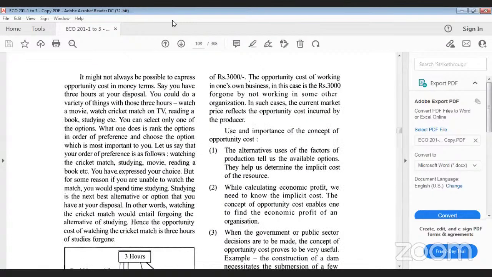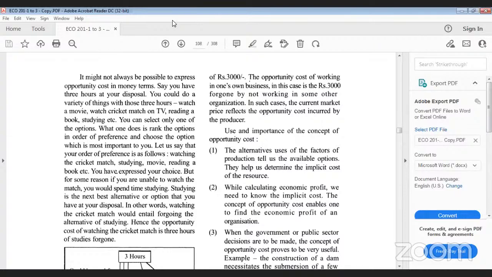It might not always be possible to express opportunity cost in money terms. Say you have 3 hours at your disposal and you could do a variety of things with those 3 hours: watch a movie, watch a cricket match on TV, study a book, and so on.